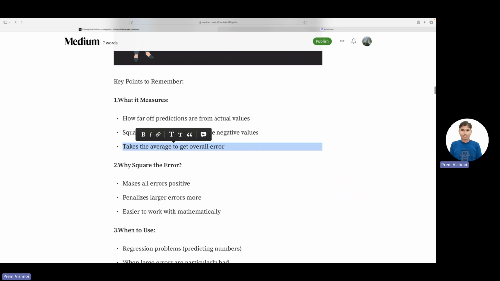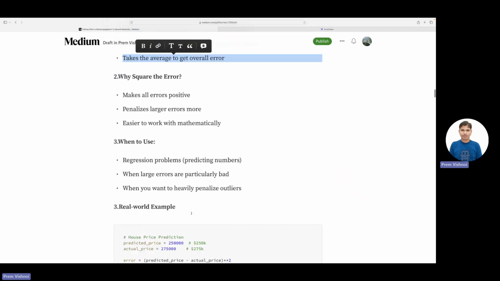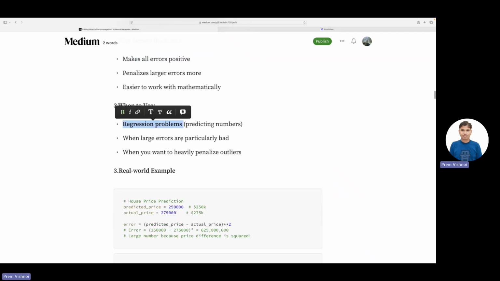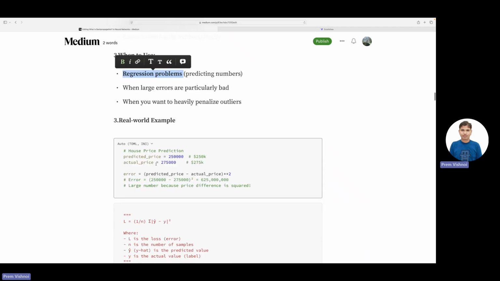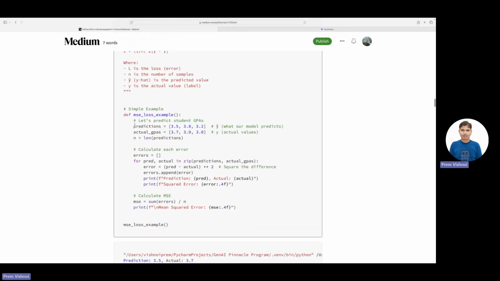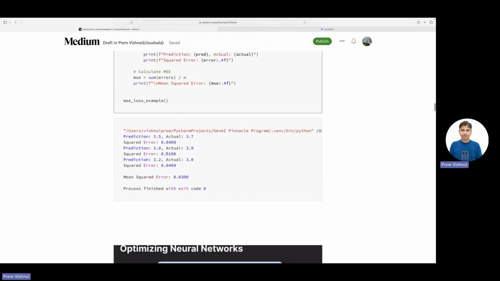It makes all errors positive, penalizes larger errors, and is easier to work with mathematically. Use it for regression problems when large errors are particularly bad. A real world example is predicted price versus actual price of stocks or houses, and then we find the errors. The number is large because the price difference is squared. This is how you can calculate it for the example.